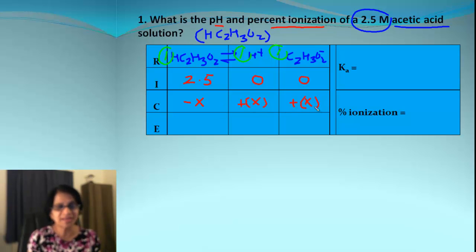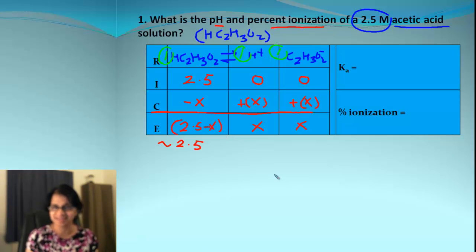So how much will be remaining, the ending or final concentration at equilibrium? This will be 2.5 minus X. This will be X and this will be X. Now again, X is an extremely small amount. So 2.5 minus X can be roughly equal to 2.5. We can completely ignore that small quantity X.